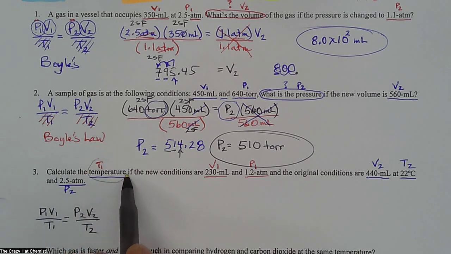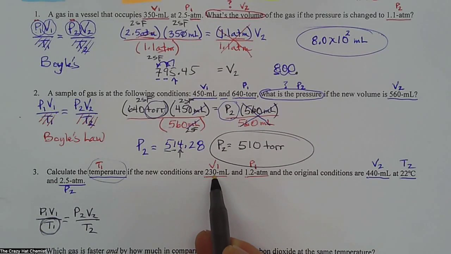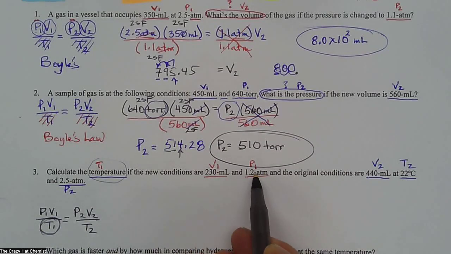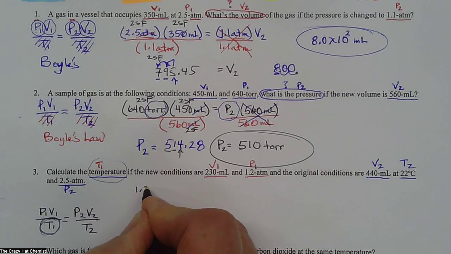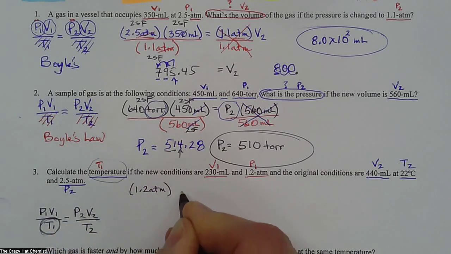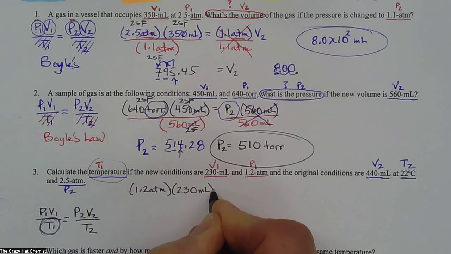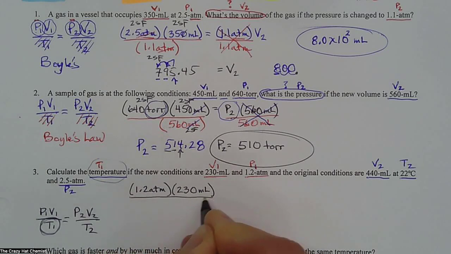Temperature 1 is our unknown that we're solving for. We're going to plug in our volume and pressure for condition 1. Our first pressure is 1.2 atm, and our first volume is 230 milliliters. Our temperature is unknown; I'm going to call that T1. That's what we're solving for.